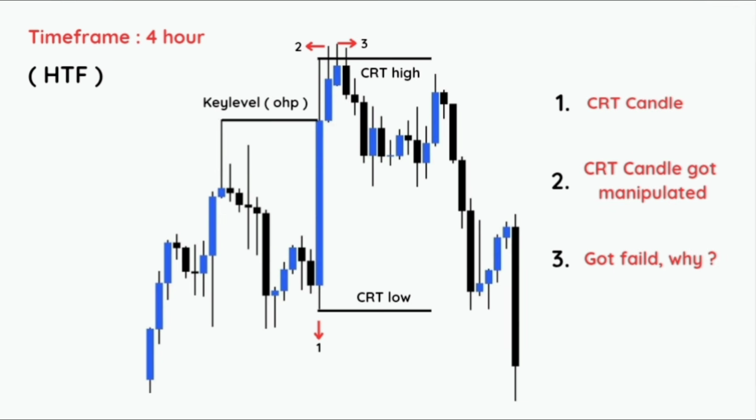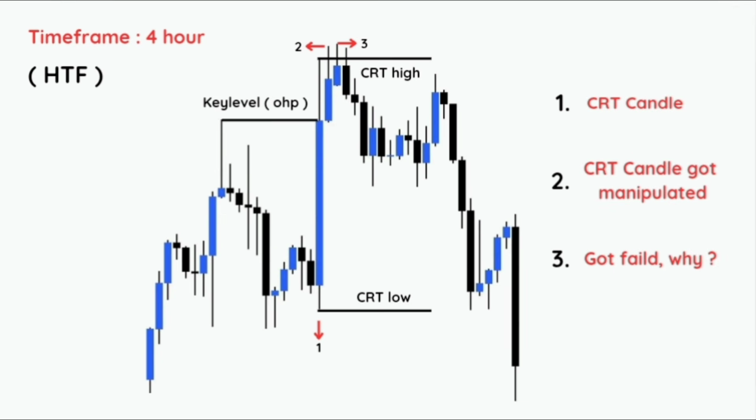Analyze the higher time frame as usual, how you analyze for CRT. From this image you can understand that, as usual, on the higher time frame the CRT candle has been marked with a key level.